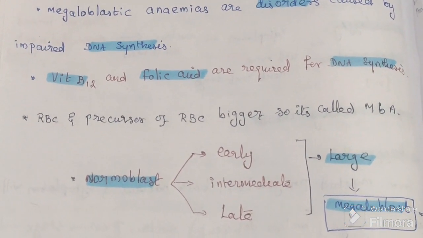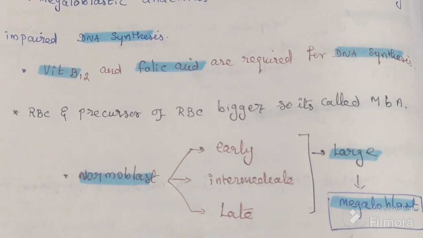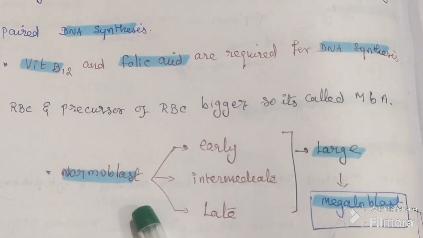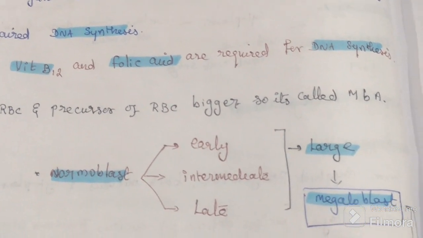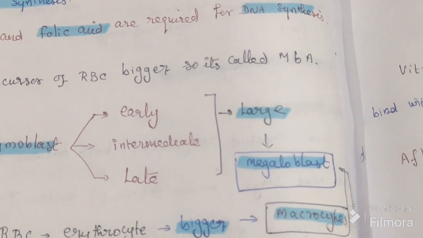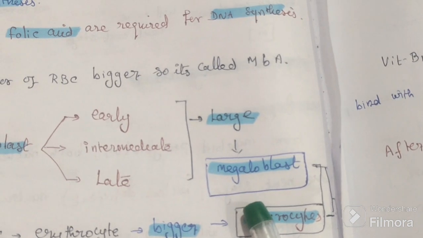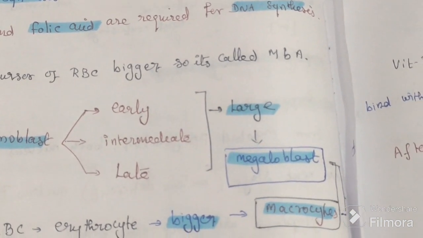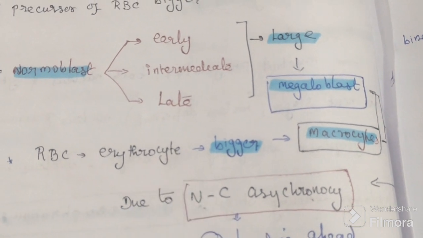Normally the precursors are known as normoblasts: early normoblast, intermediate normoblast, and late normoblast. All are large in size, so it is called megaloblast. RBCs are known as erythrocytes.